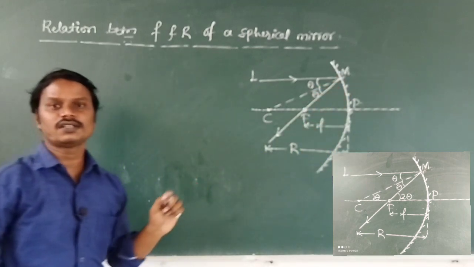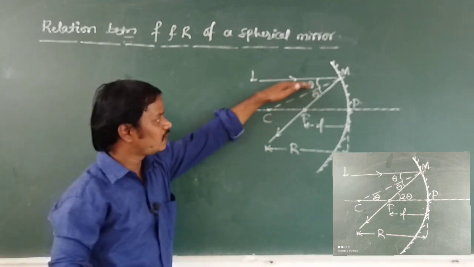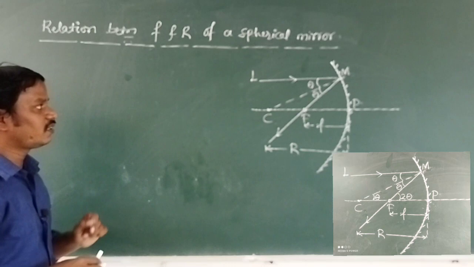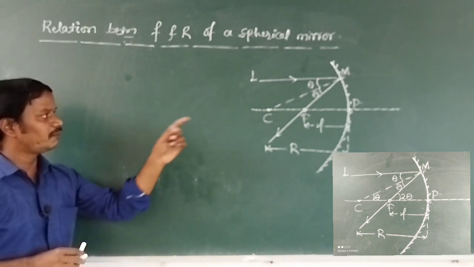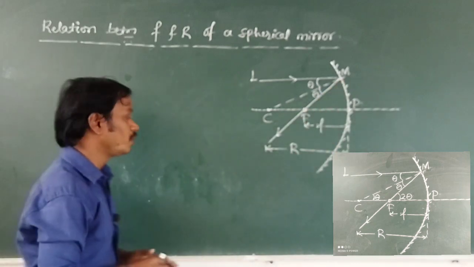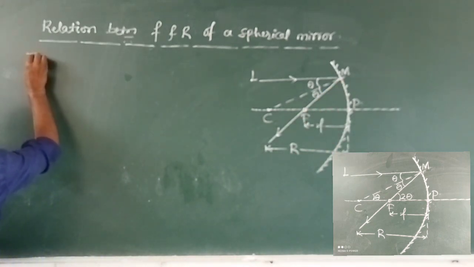According to the law of reflection of light, the angle of incidence is equal to the angle of reflection. So, in the figure, LM is the incident ray, MF is the reflected ray, and CM is the normal.